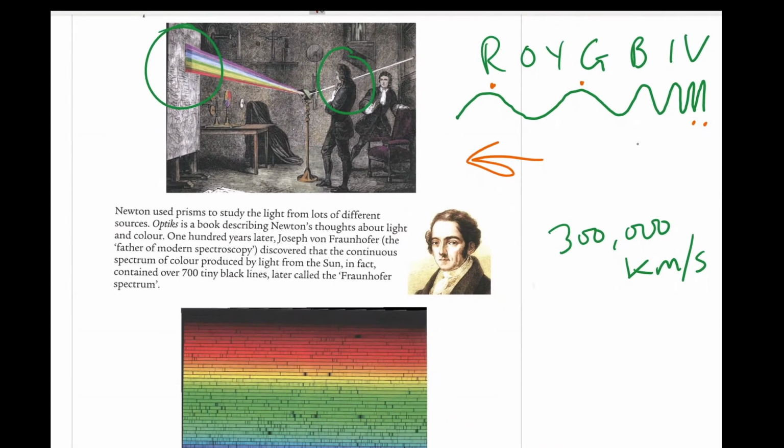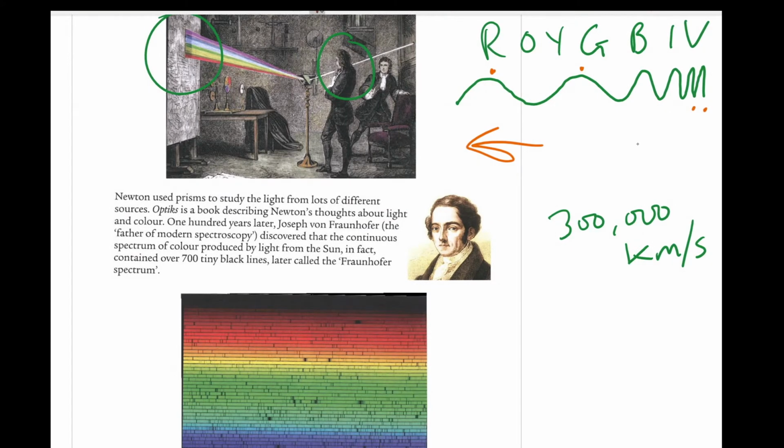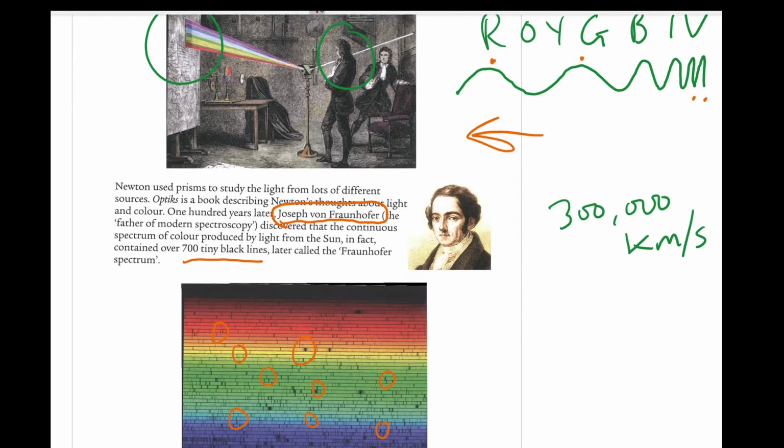However, this person here, Joseph von Fraunhofer, discovered that the white light from the sun has hundreds of tiny black lines in it, where that particular wavelength of light didn't make it through to planet Earth, and there's a reason for that, as we'll come on to in a moment. They're called spectral lines.